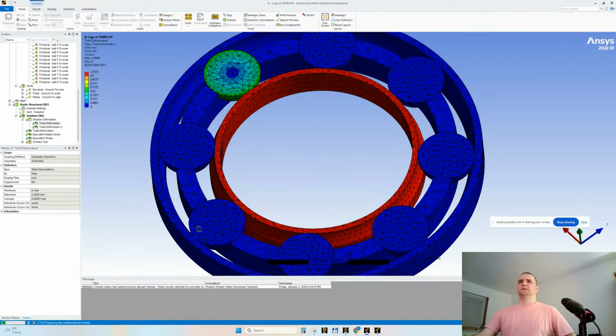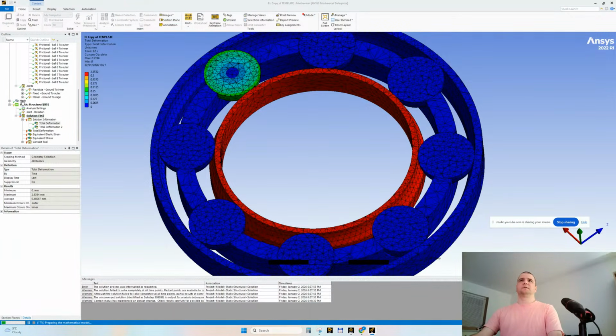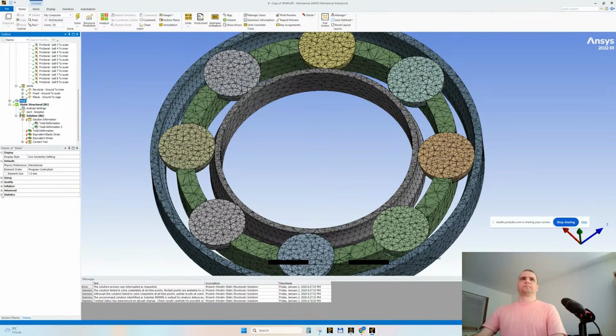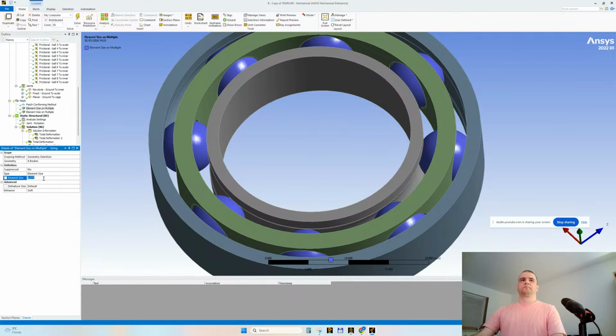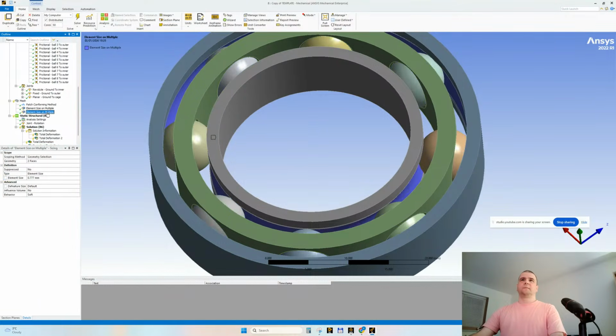Let's make the mesh more coarse. I want a faster solving. 0.9, 0.9.